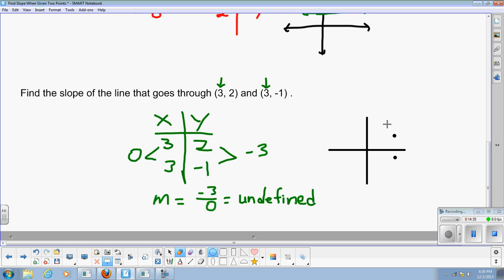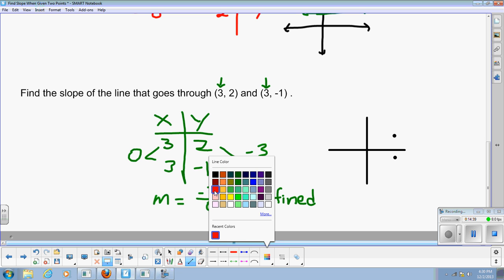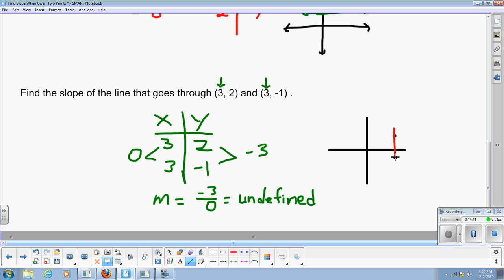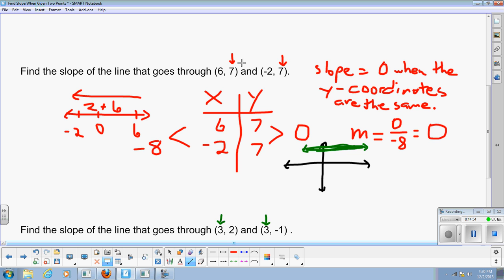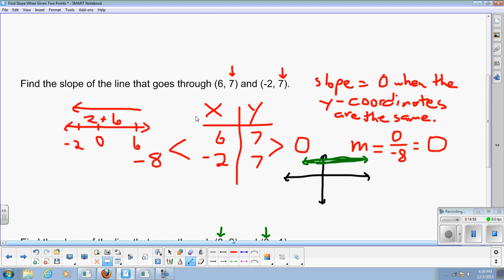Notice all those dots line up vertically, don't they? So now I'm going to make a vertical line that runs like this through those dots. And notice that is the up and down line. And that has a slope that is undefined. So x number is the same, undefined, vertical line. Y number is the same, slope is 0, horizontal line.